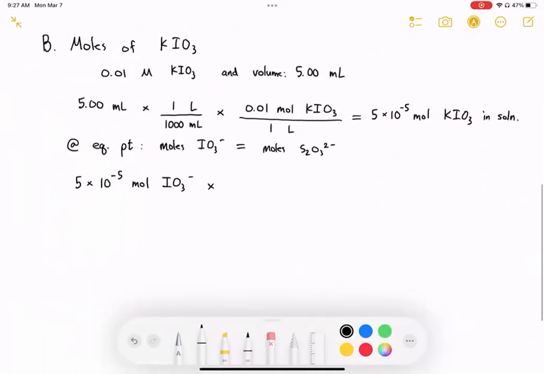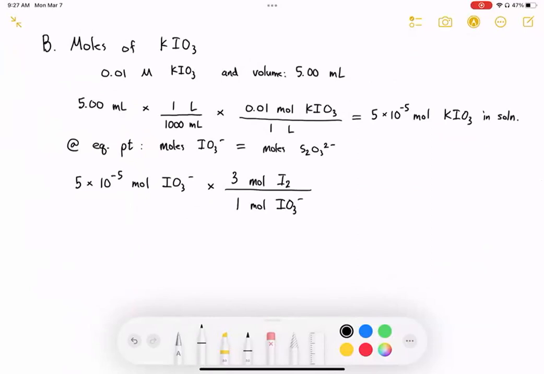So we have 1 mole iodate over 3 moles iodine. So notice we cannot directly convert iodate to thiosulfate because they don't directly react with each other. So we can't do that.